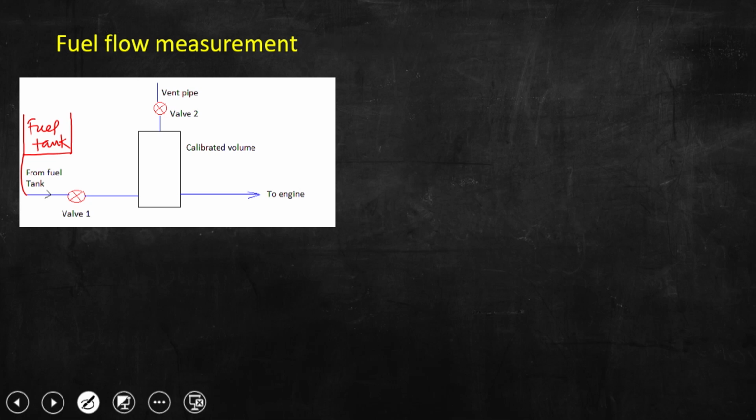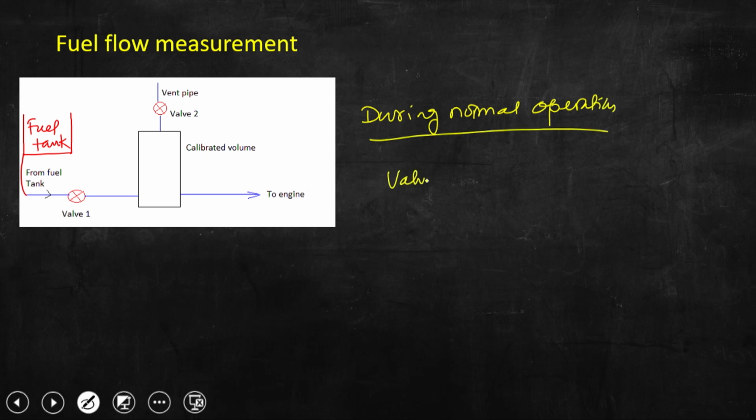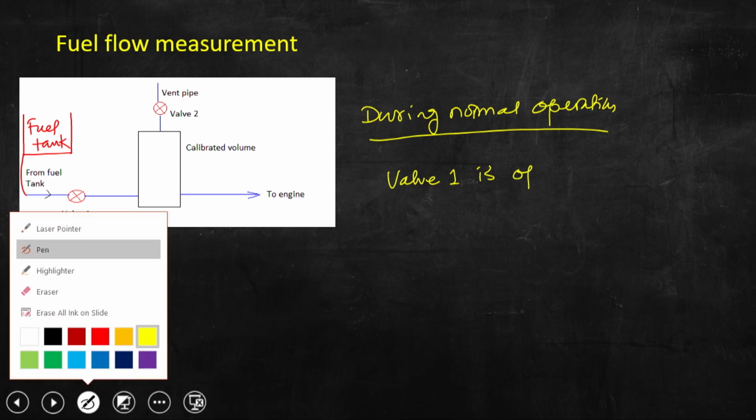When there is a need of normal operation of an engine, during normal operation valve 1 is kept open.